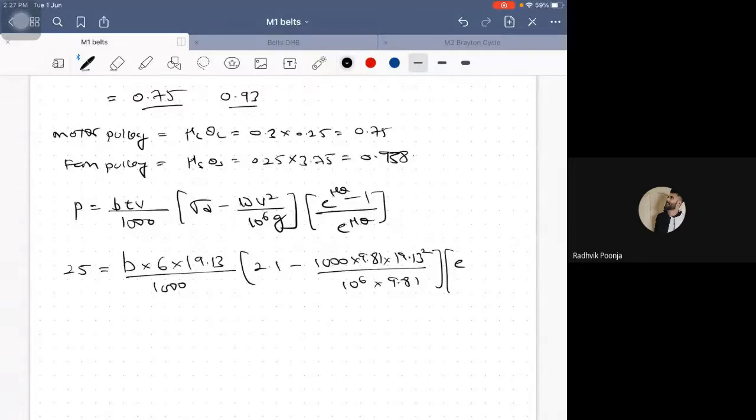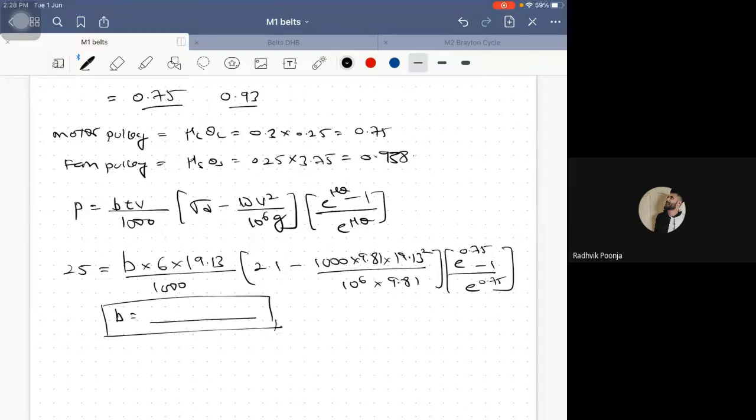Substituting the smaller value, it is e to the power of 0.75 minus 1 divided by e to the power of 0.75. So the value of B from this huge equation, what is the value? Whatever you get, you would get it in meters.